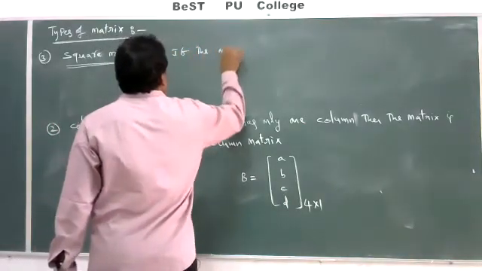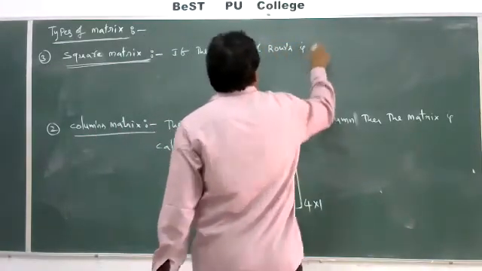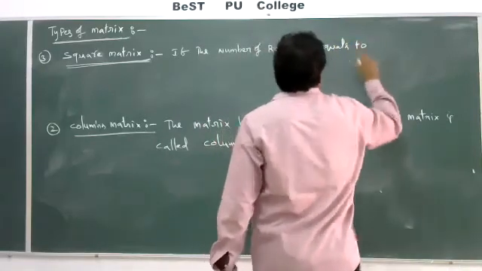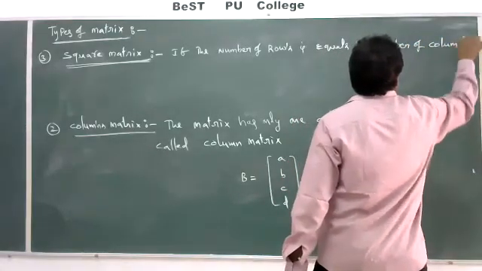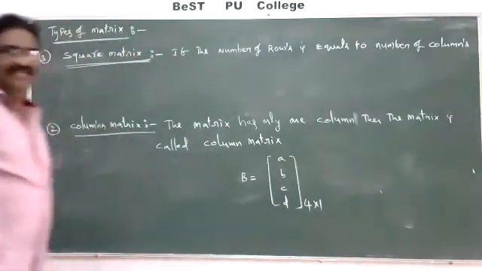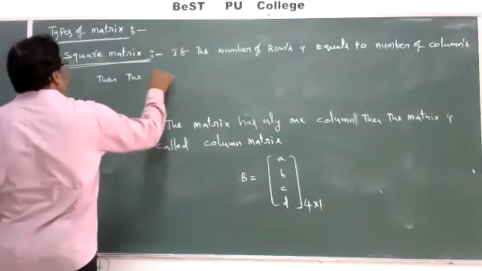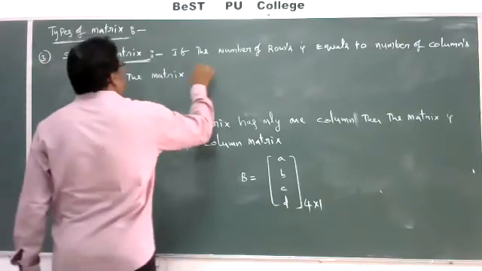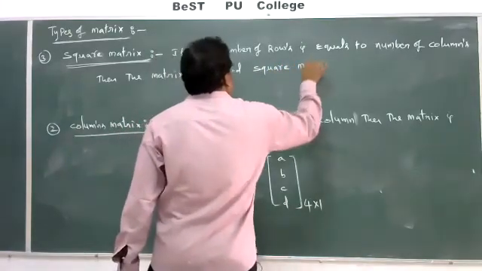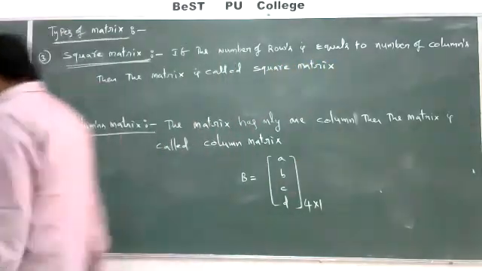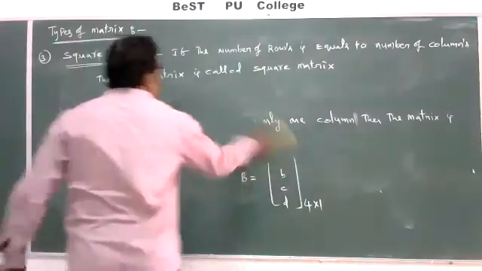If the number of rows is equal to number of columns, then the matrix is called square matrix.